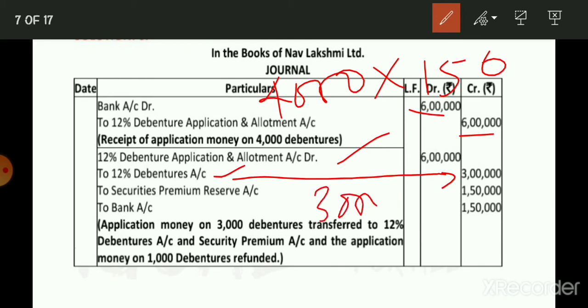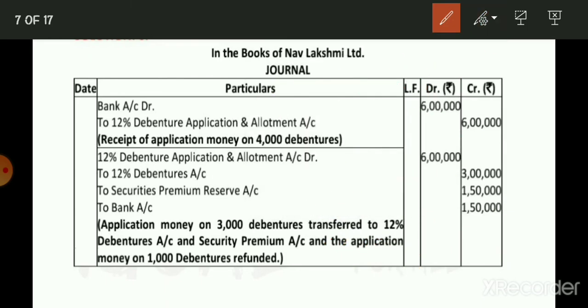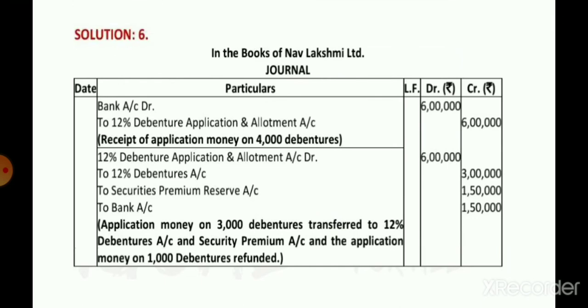Only on 3,000, that is 100, and only on 3,000, that is 50, and the remaining amount, that is the excess, will be transferred to the bank account as we have paid all the money which is not accepted, right?